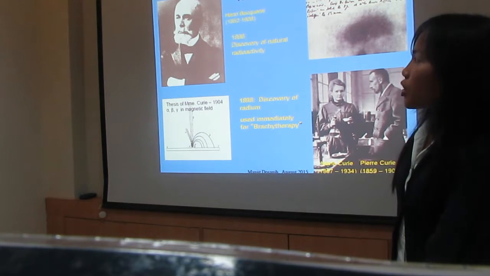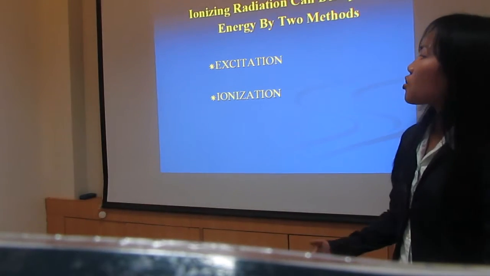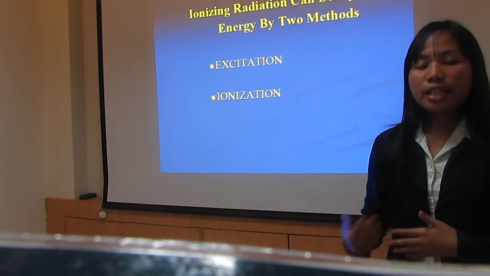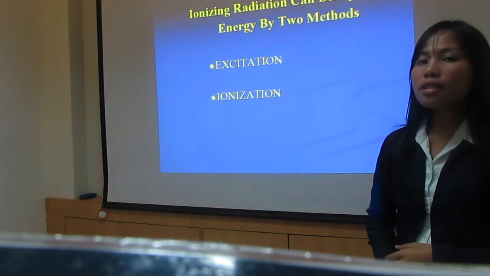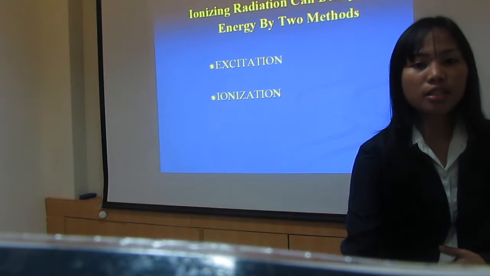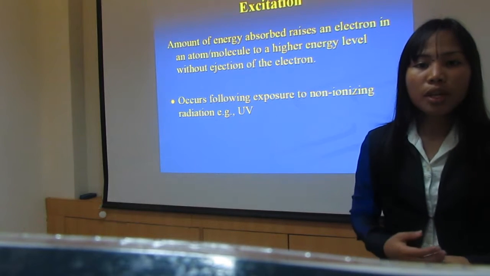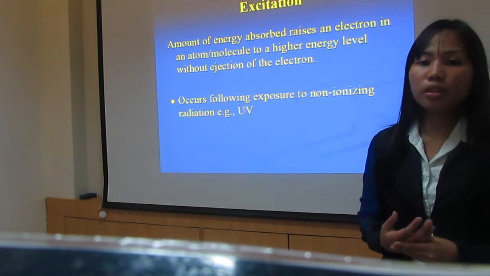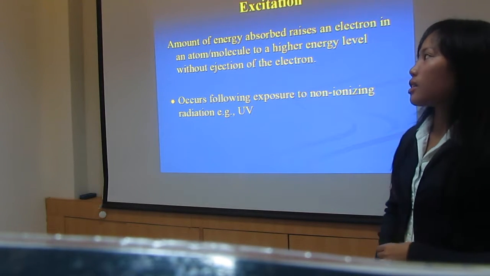Ionizing radiation penetrating matter causes excitation and ionization. Ionizing radiation can dissipate or release its energy by two methods, excitation and ionization. The result of an interaction between the radiation and the absorbing species is the removal of an electron or molecular bond to form radicals and excited species.